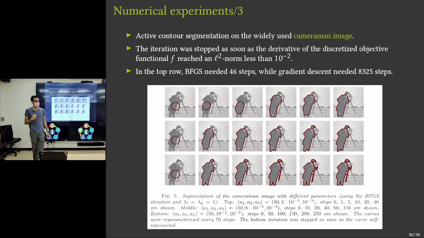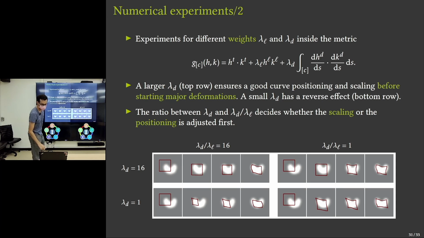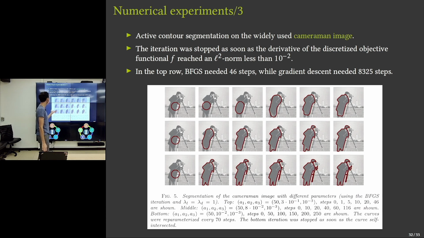So they chose that thing. So in these experiments, basically they first do the deformations and then the positioning. I think it should be like that.